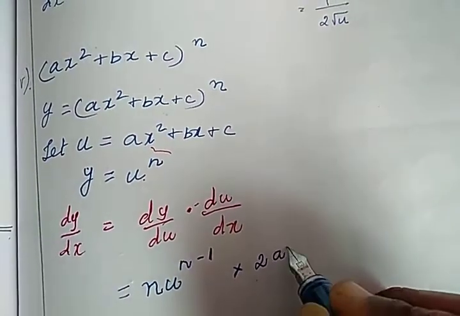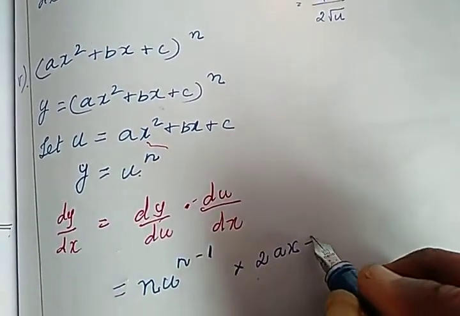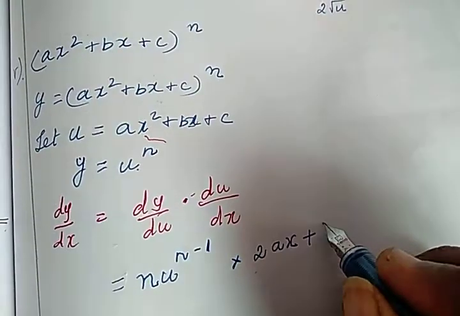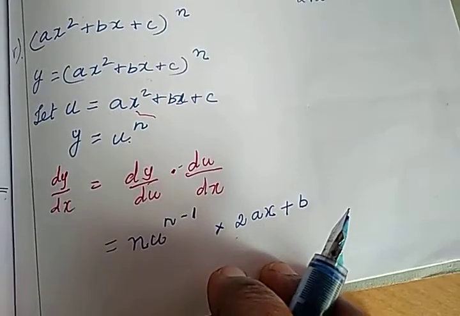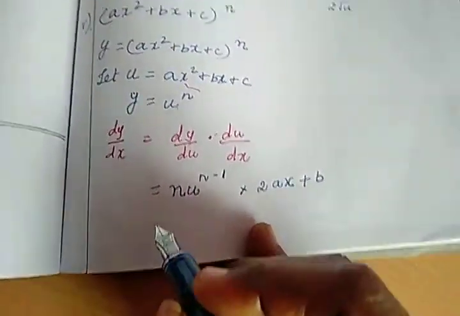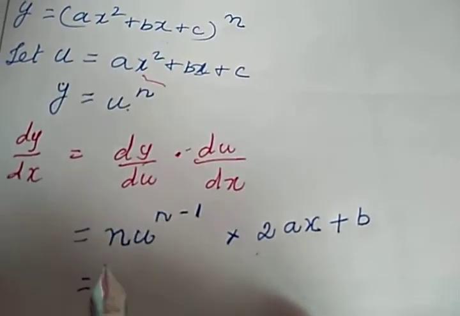2ax squared minus 1 is 1. Plus b into x, you will have 1 plus b. The constant term becomes 0. So now we will arrive at the final answer, which is equal to u.